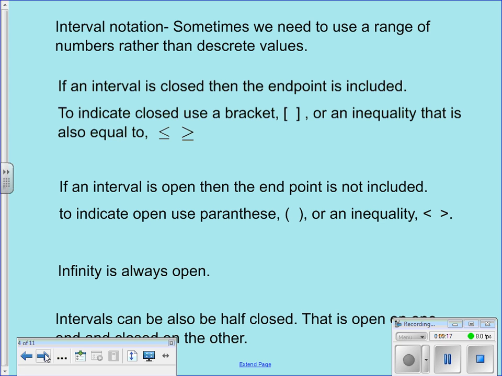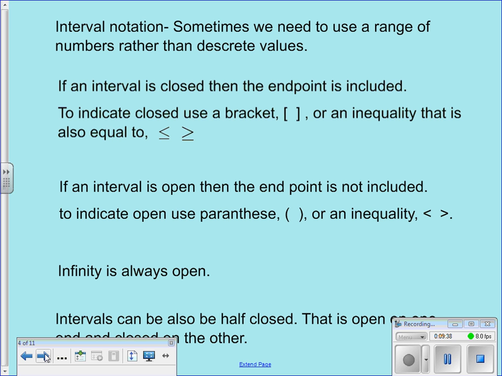So, interval notation is closed when the endpoint is included. If you have brackets, that means the point with the bracket is included as part of your domain and or range. That is part of the interval. Brackets are the same thing as or equal to.